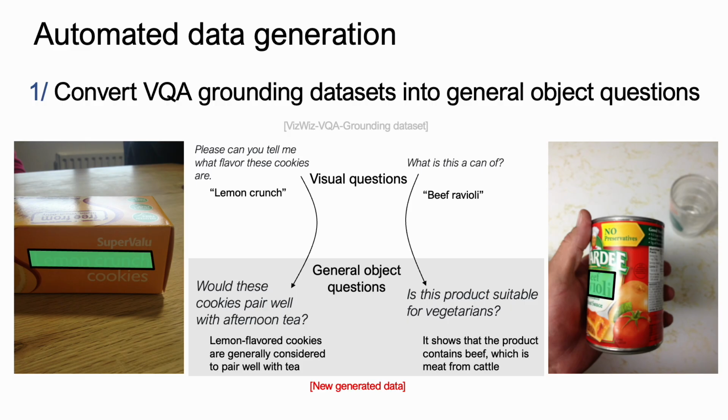For instance, will these cookies pair well with afternoon tea? Or is this product suitable for vegetarians? Especially, we ask Claude to write the new questions so that the existing segmentation mask now highlight visual evidence rather than being directly the answer.